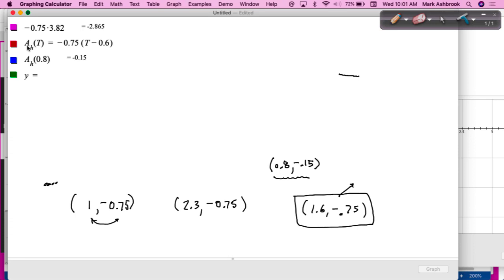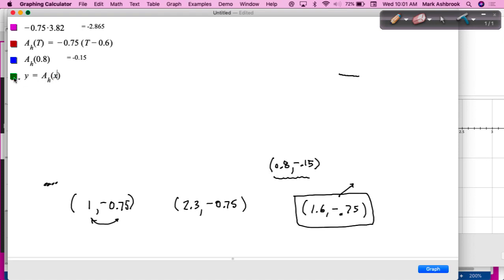So y equals, and I want my independent variable to be what? Capital T? No, I want to tell GC to put values of the independent variable on the x-axis, right? So I used capital T as what's called a dummy variable to define it. But when I graph it, we need to tell GC that that independent variable T needs to go on the x-axis.